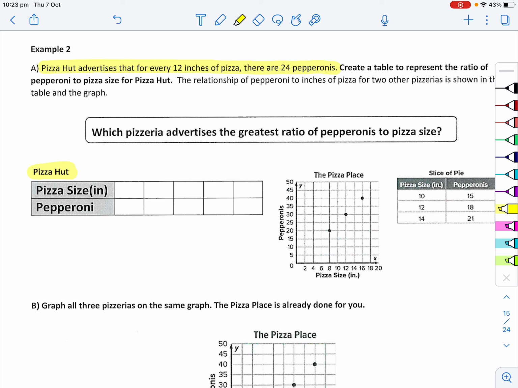And then I've got my Pizza Hut table right here. So I've got 12 inches of pizza and 24 pepperoni.